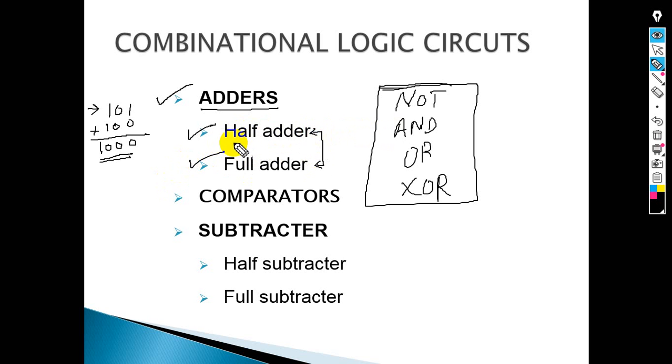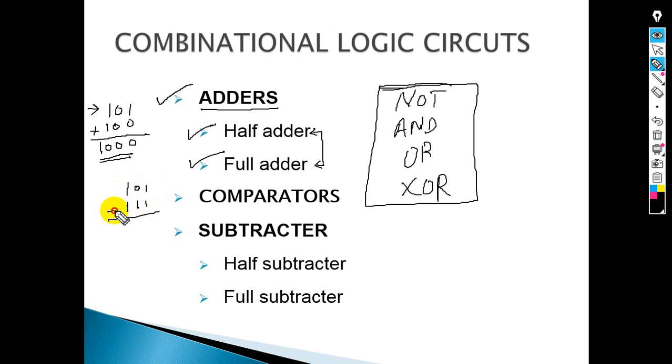So the half adder adds just two binary digits, not more than two binary digits. For example, if you want to add 10 and 11, here I am also writing 1 and 1.